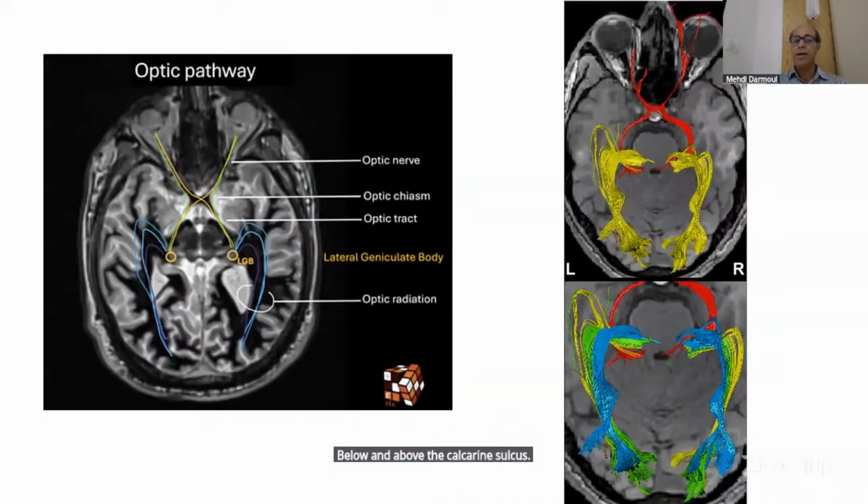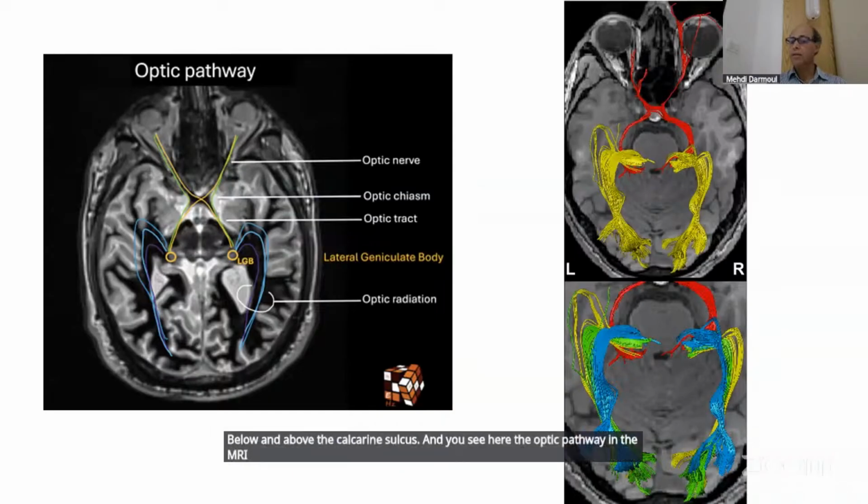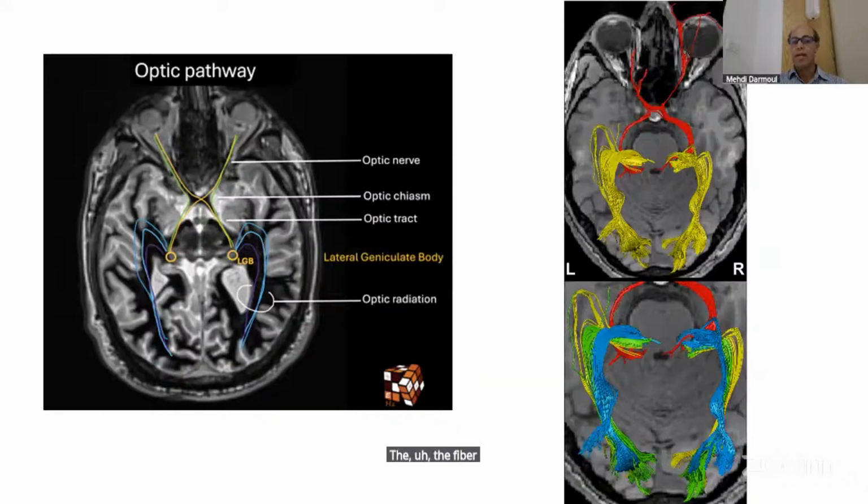And you see here the optic pathway in the MRI. In the diffusion tensor imaging MRI, we can see the optic pathway, the fiber from the optic nerve, the chiasm, the optic tract, the fiber in the lateral geniculate body and the optic radiation, ending in the visual cortex.